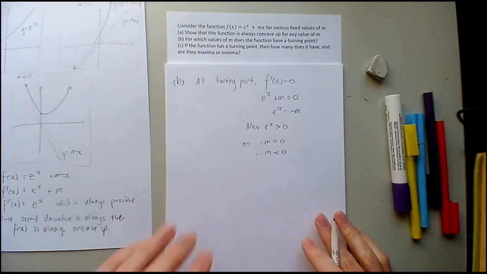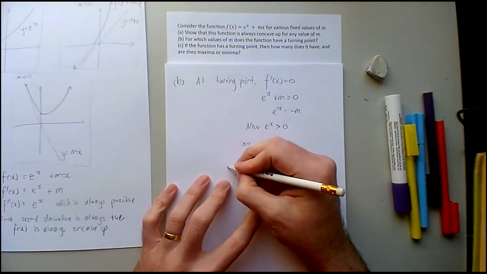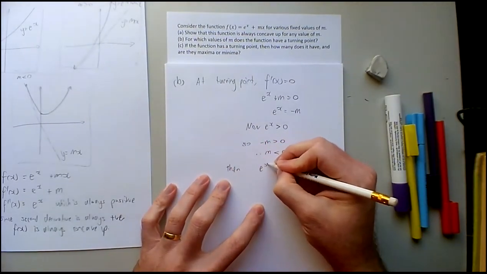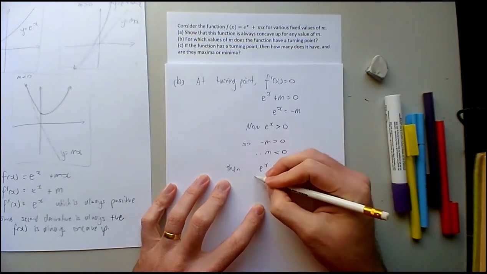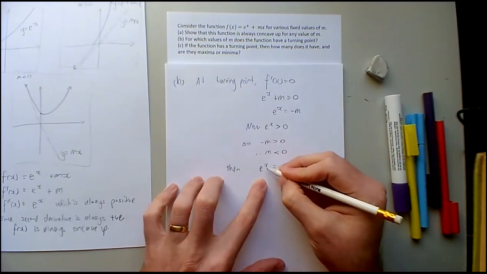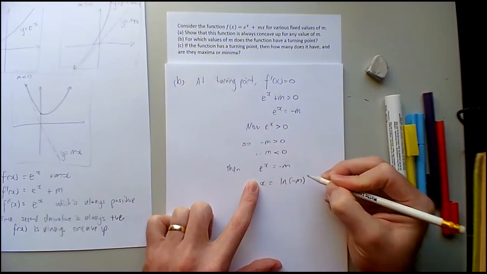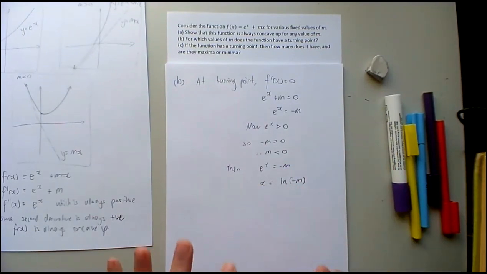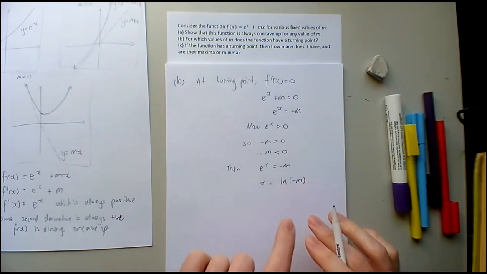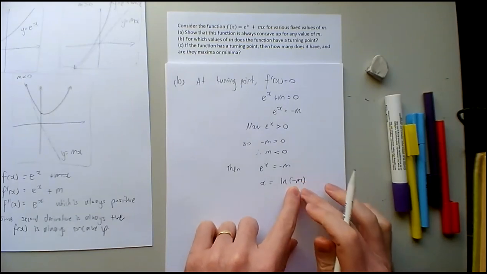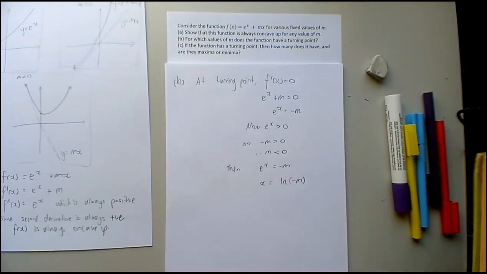Okay, and let me just see if it works. When I do ln on both sides, ln of e to the x will be x. Okay, and that's okay. It looks bad because ln is not usually supposed to work on a negative number, but that's not a negative number because m is already negative. Okay. So cool, and that will exist, definitely.